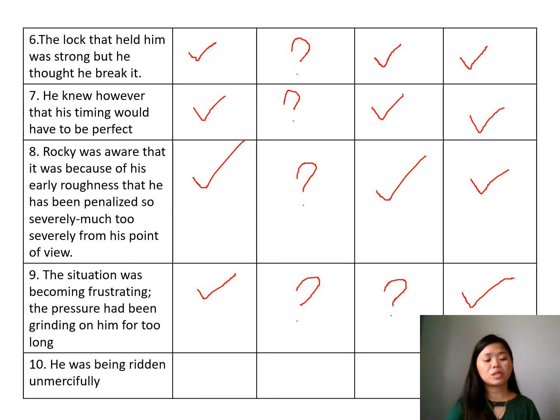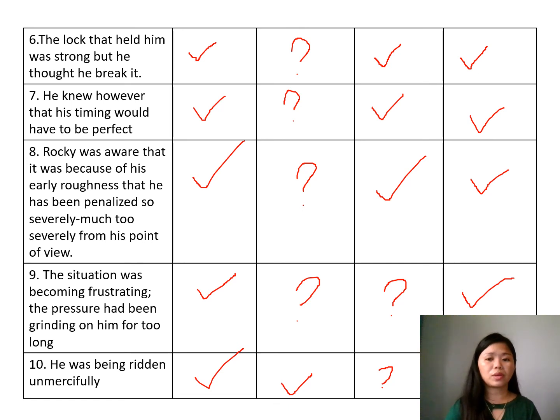So let's go to sentence number 10. He was being ridden unmercifully. So under convex schema, check. Horse schema, boxing schema, question mark. Either literal or figurative meaning does not fit.